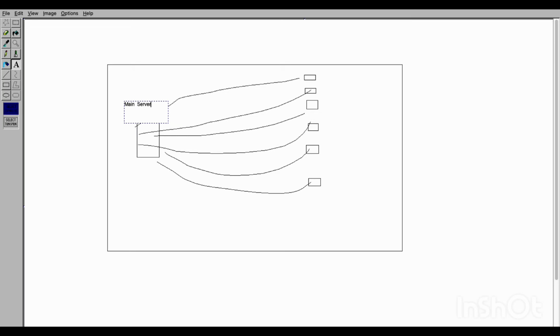To overcome this issue, what does CDN do? CDN makes zonal servers.